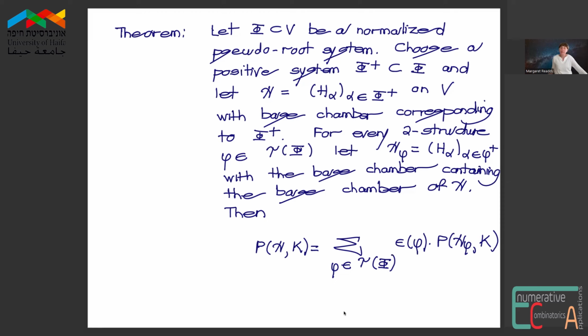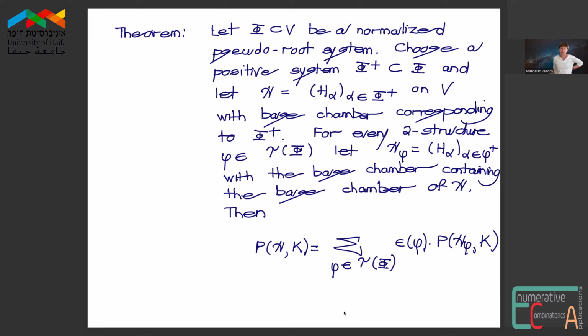Given a 2-structure phi of the pseudo-root system, we let H phi be all the hyperplanes corresponding to the positive 2-structures. Of course, it's based, so this is a subset of the bigger set phi at the beginning, the normalized pseudo-root system. Because of that, its base chamber, all positive signs, contains the base chamber of your original arrangement.